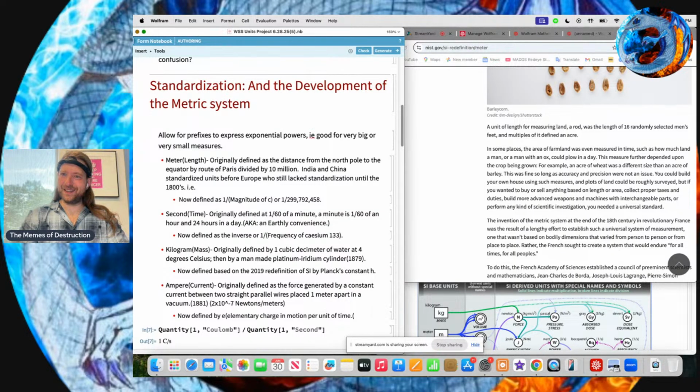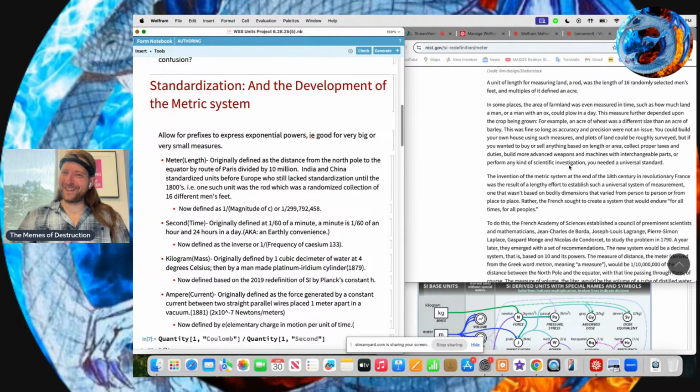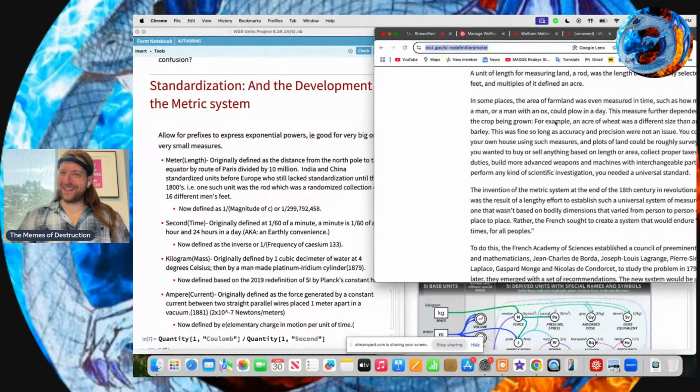One such unit was the rod, which was a randomized collection of 16 different men's feet. In retrospect, that's the modern idiot. Okay.